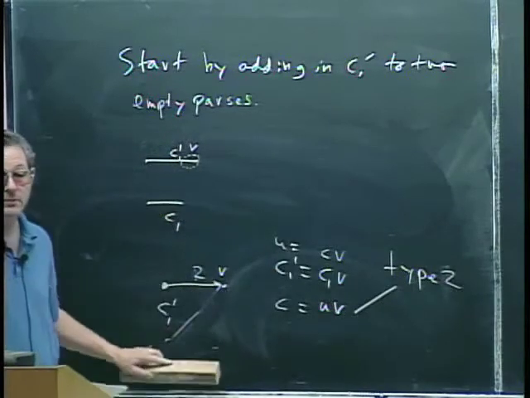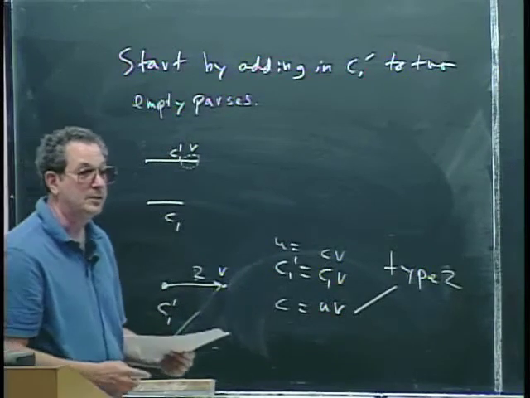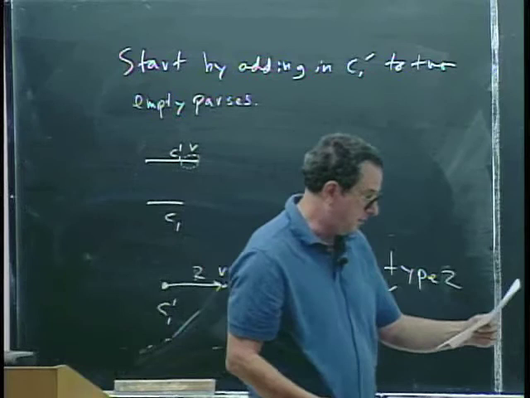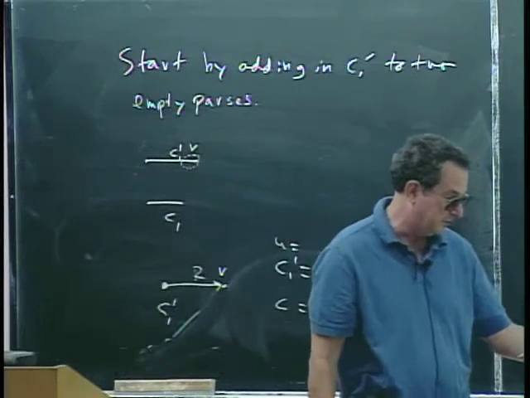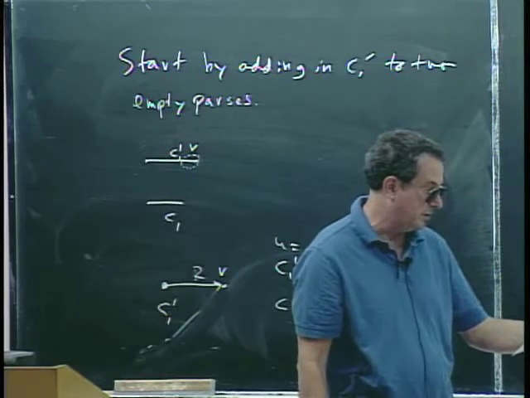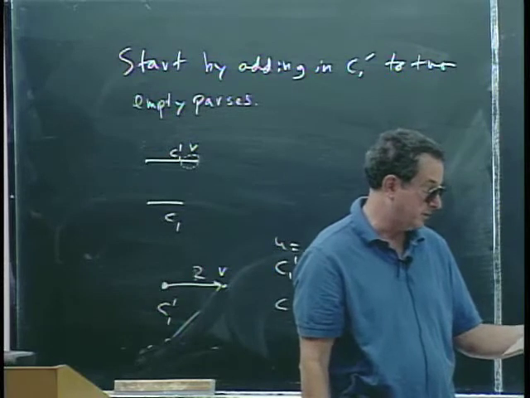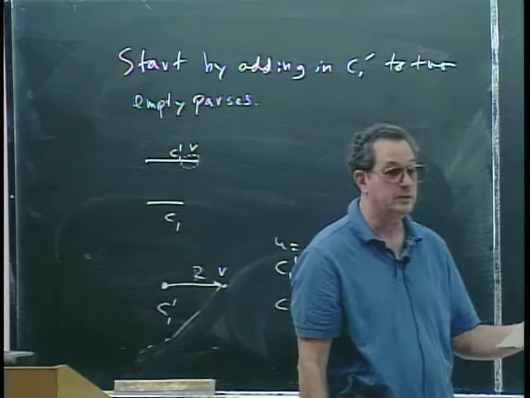Okay, so if anybody has that or has access to it, yeah. Where am I looking? On the top, well, sort of the first paragraph of page 3, where it argues that there's an edge from C1 prime to V. Is that justified as a type 1 or as a type 2 edge?